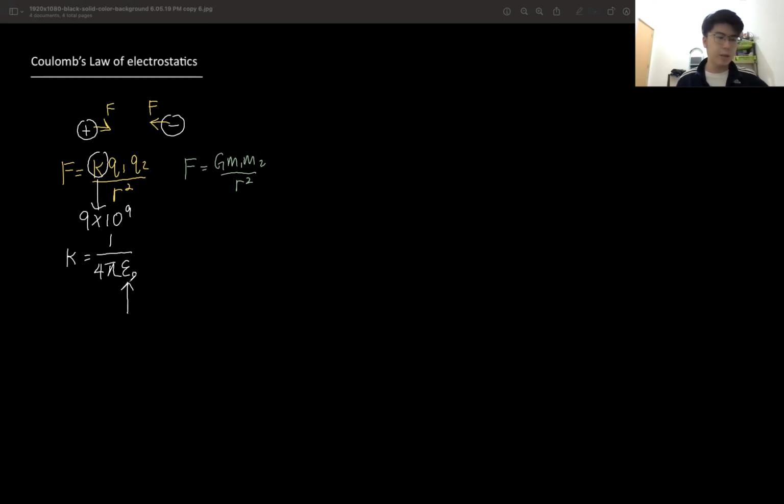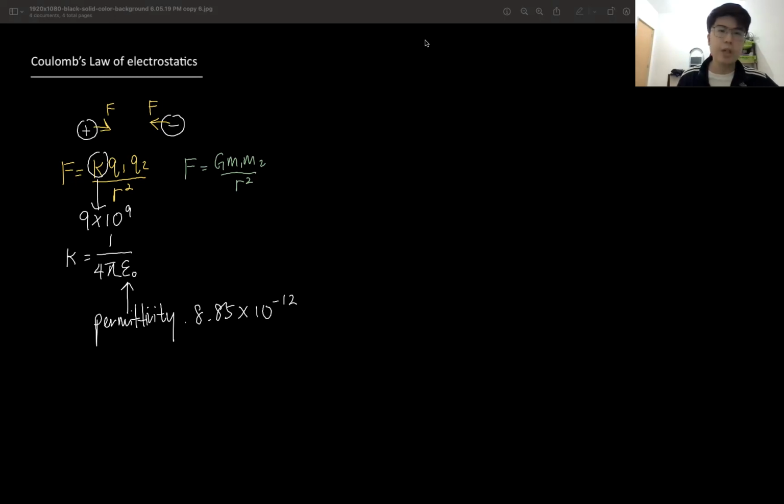This epsilon is called permittivity, the permittivity of a medium. The value of this epsilon is 8.85 times 10 to the power of minus 12. It's a constant. So if you put it in and calculate 1 over 4 pi epsilon naught, you get k as also a constant, 9 times 10 to the power of 9.